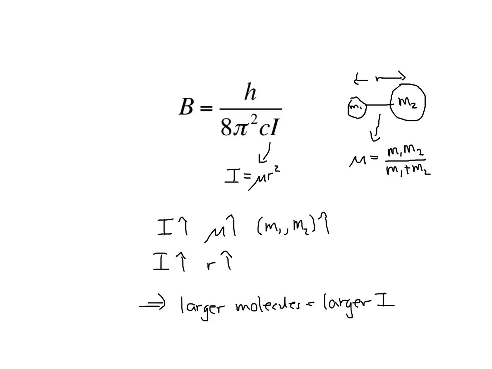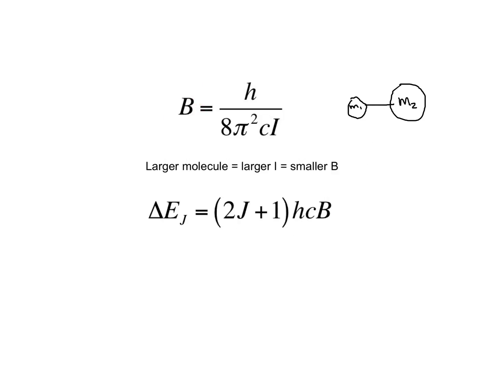Notice that a larger moment of inertia translates to a smaller rotational constant. A smaller value of the rotational constant B will lead to smaller spacings between rotational levels and thus less energy required to make the molecule rotate. This is somewhat counterintuitive because larger molecules are easier to begin rotating than smaller molecules.